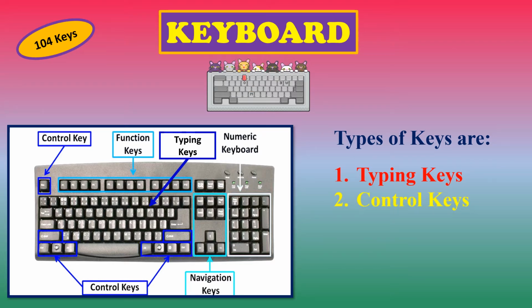Next is the control keys. These keys are either used alone, or we can also use them in combination with other keys to perform certain action. Like you all know, we use control key along with C to copy something, right? Okay, then we have function keys.